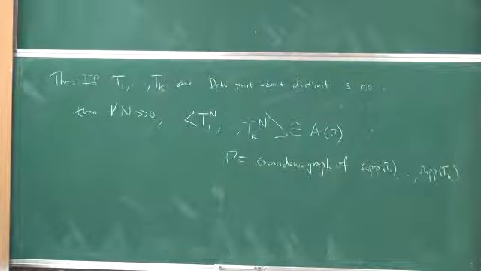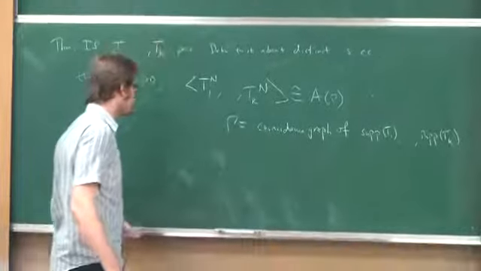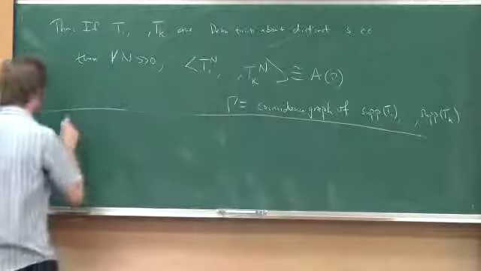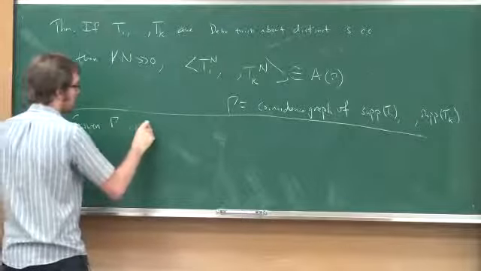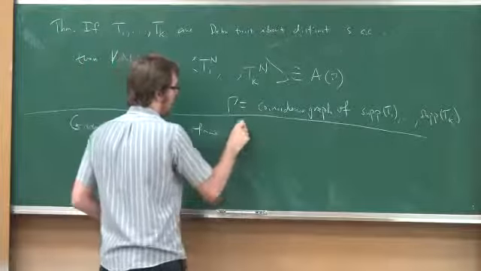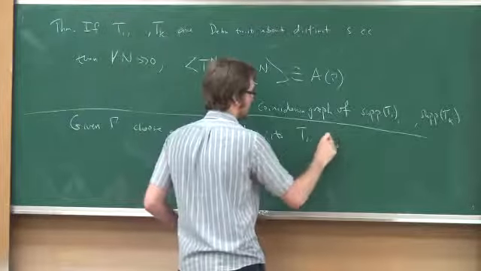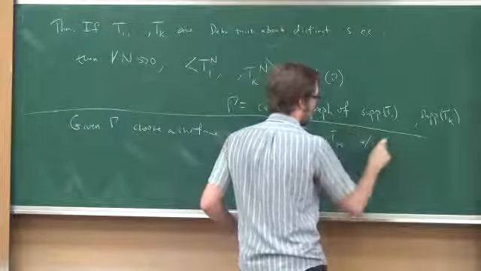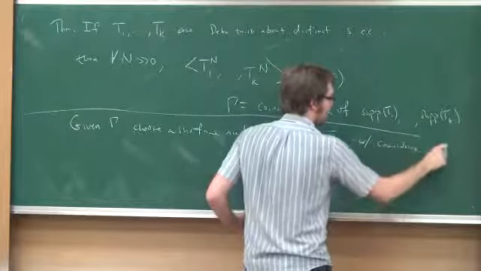Okay, so what can we do with this? Well, given gamma, choose a surface and twists T1 to Tk with coincidence graph gamma.